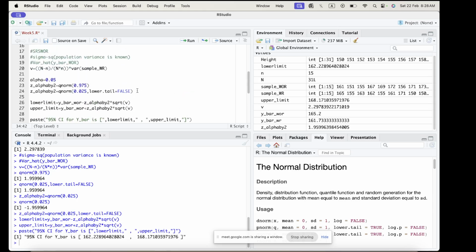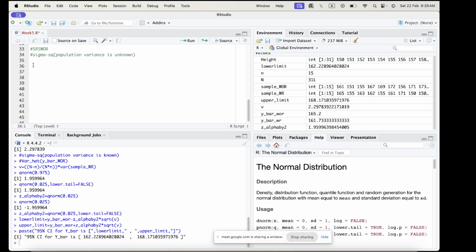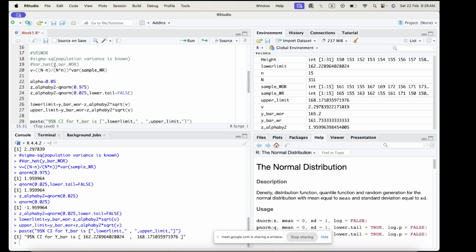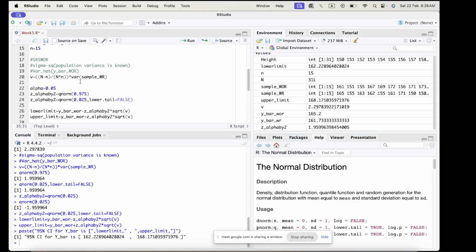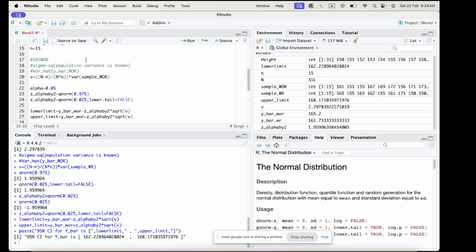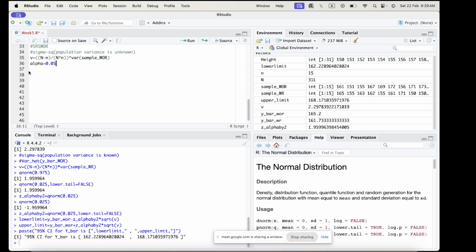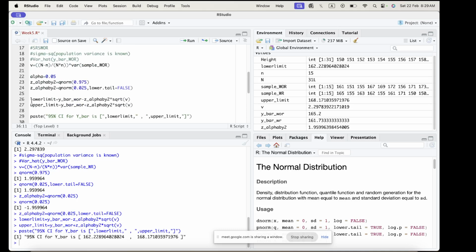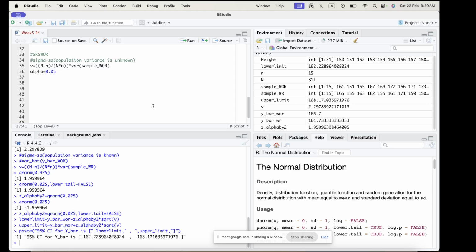What is going to change? Well, this V is not going to change because that is the estimate of the variance. Sorry, it should be WOR. Okay, alpha is not going to change. Lower limit, upper limit formula also won't change.